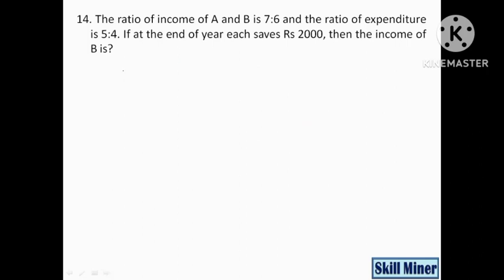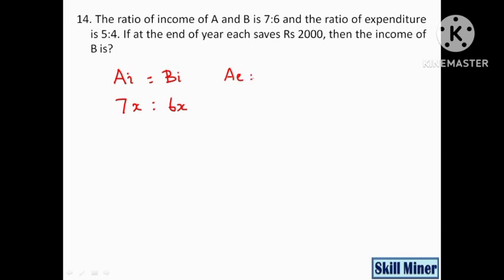The ratio of income of A and B is 7 is to 6. I am writing this as 7x and 6x. The ratio of expenditure is 5 is to 4.